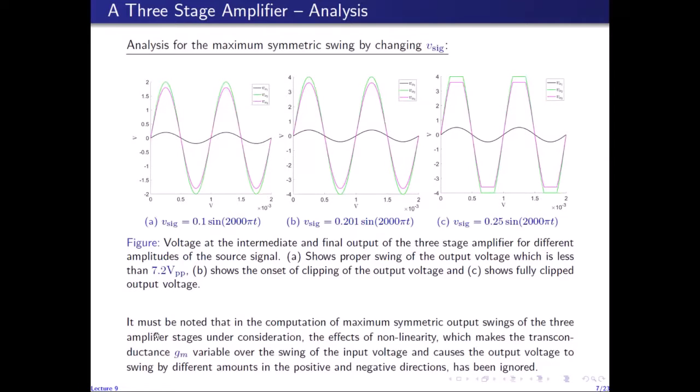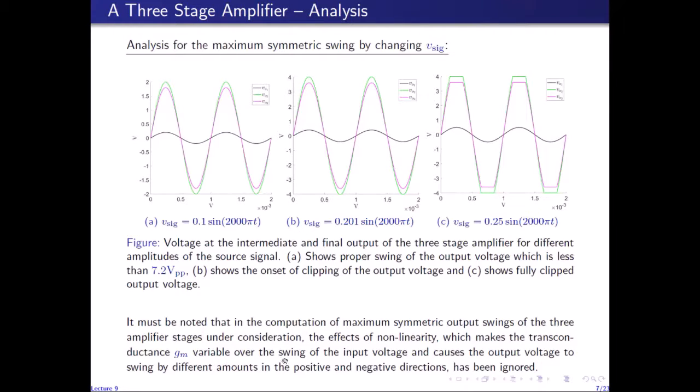So please note that in these illustrations, I have ignored the effect of non-linearity of the transistor, which makes the gm, which is the slope of the IC versus VBE curve, variable for large voltages.